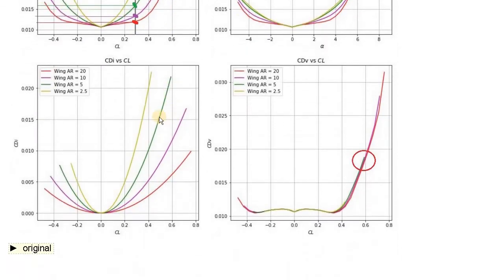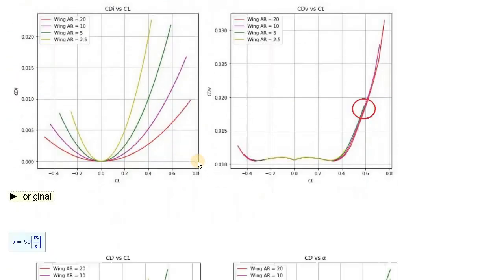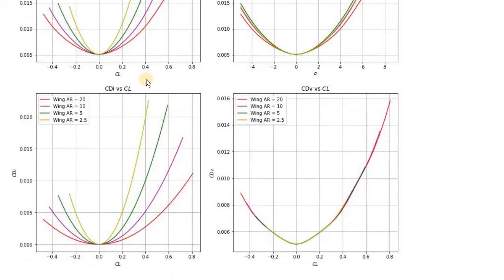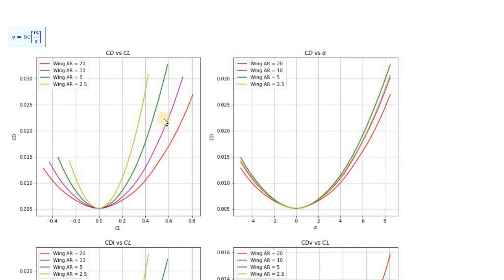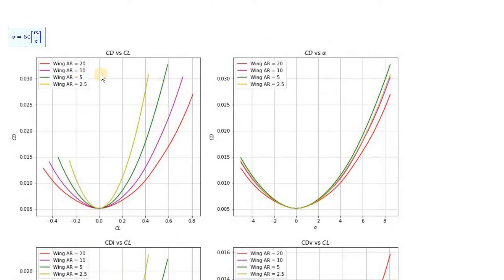Okay, and so we have plotted this graph for the speed of 20 meters per second. Now we go to this graph, and now we have a speed of 80 meters per second. The picture is totally identical in a sense. The only difference is that, again, with higher speed we have smaller drag.